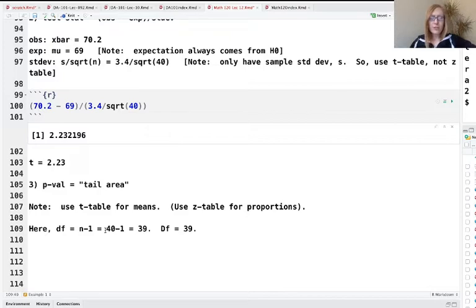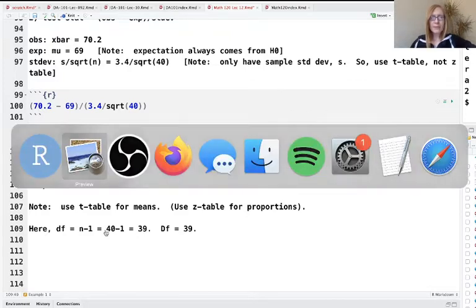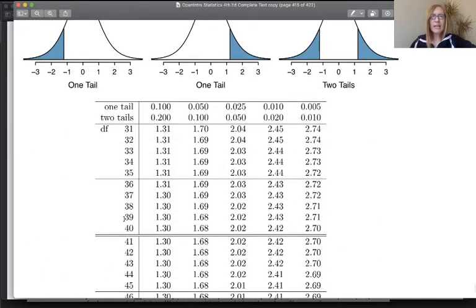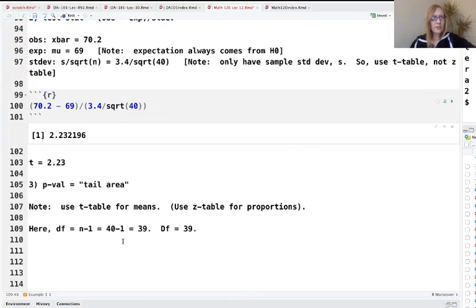All right, so let's check out the table. Coming to degrees of freedom 39, it's here. Here's the row. Here's where it works a little bit differently than the z-table. We got a test statistic of 2.23.